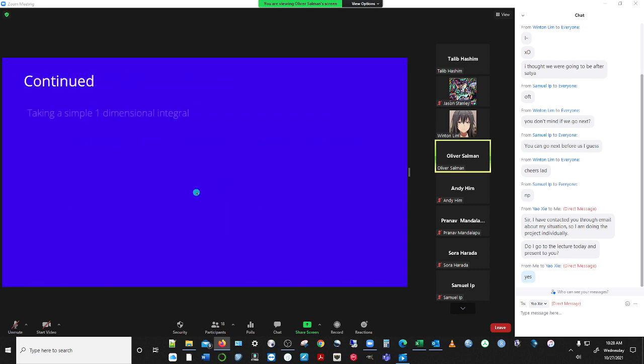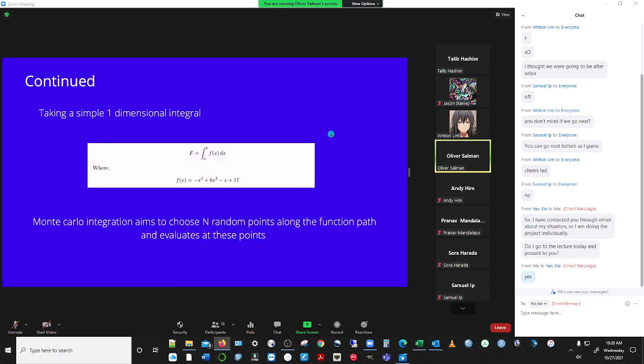So we are going to be talking about just this simple one-dimensional integral for ease of explanation. We've got a function f of x, and we want to try to solve this through a Monte Carlo method.